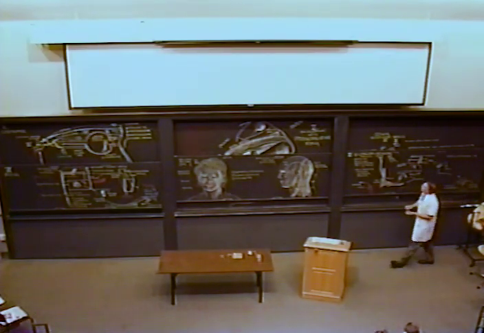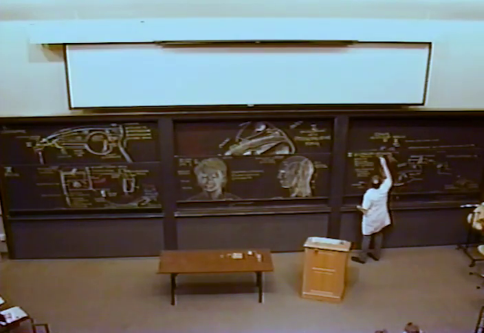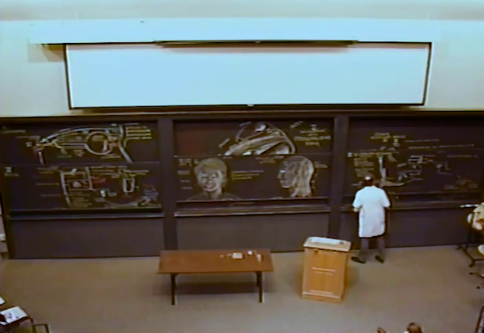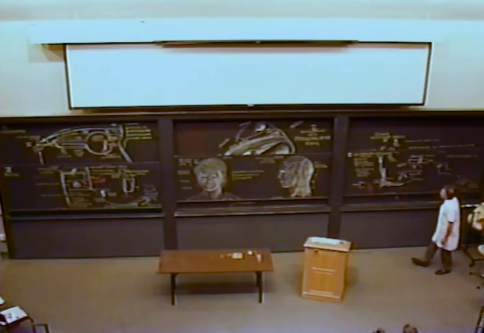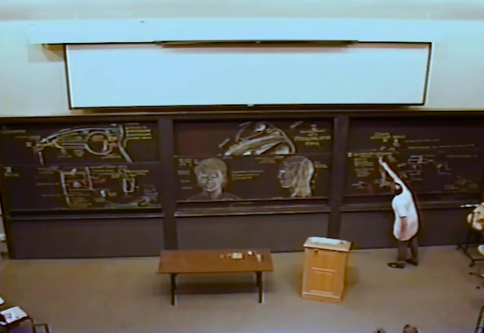The other half of this ganglion are nerve bodies having to do with general sensation. We're into blue now.